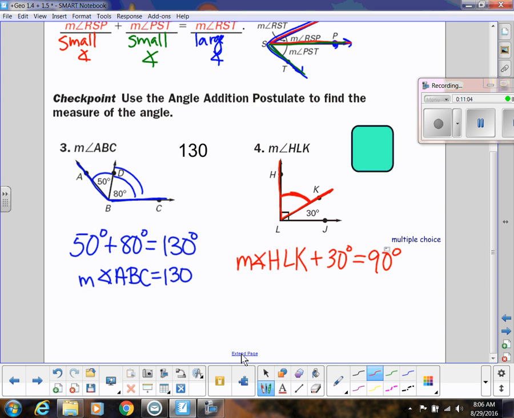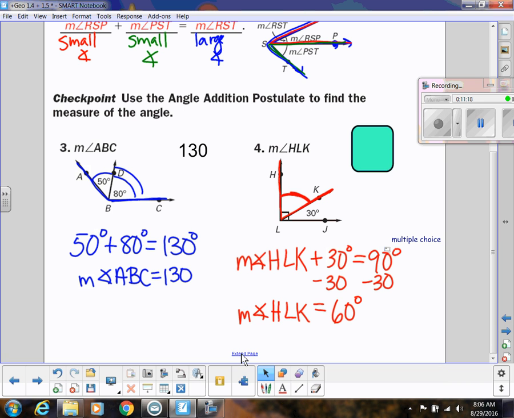So in order to solve for HLK, we're subtracting now. Just because it says angle addition doesn't mean that you're always going to be just adding whatever numbers are there, obviously. Make sure you are looking at the diagram. So that's how we know that HLK would be 60 degrees.